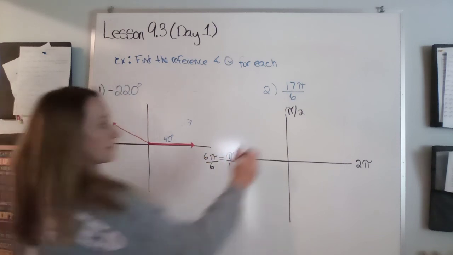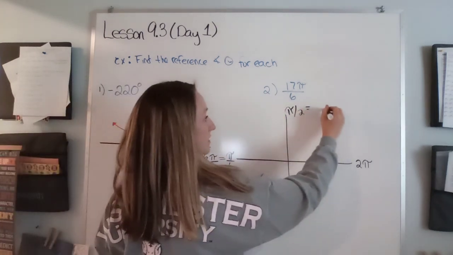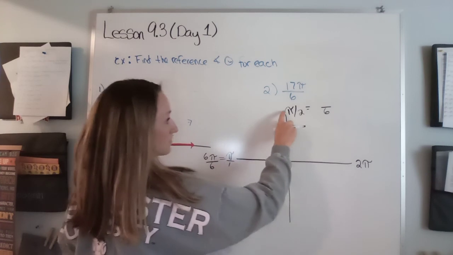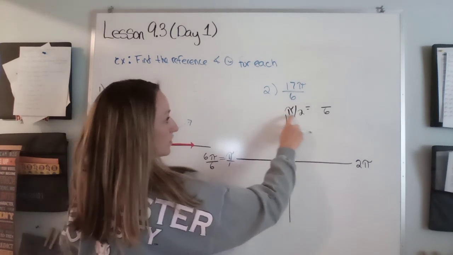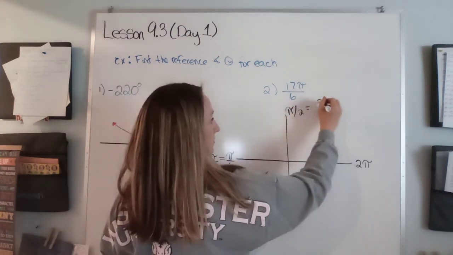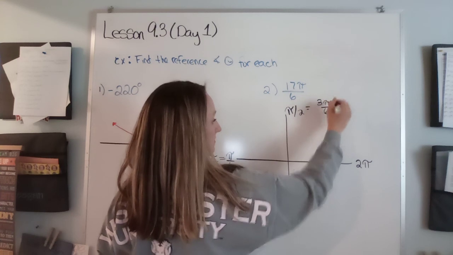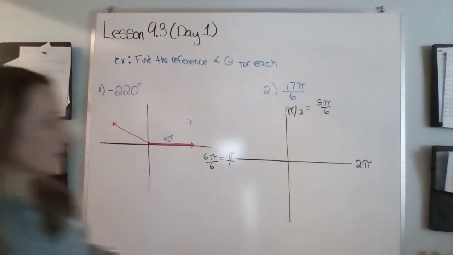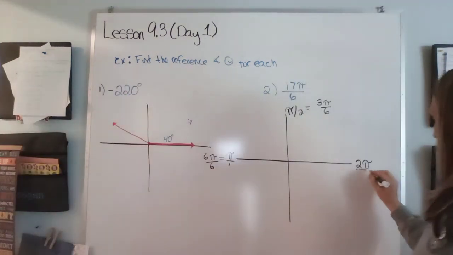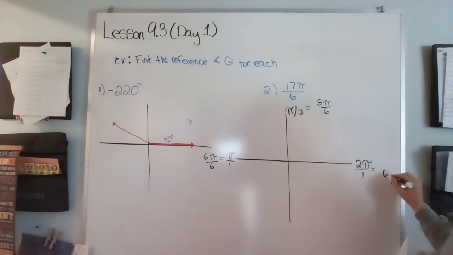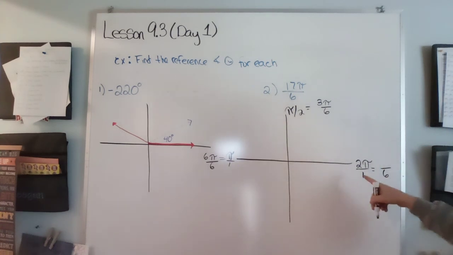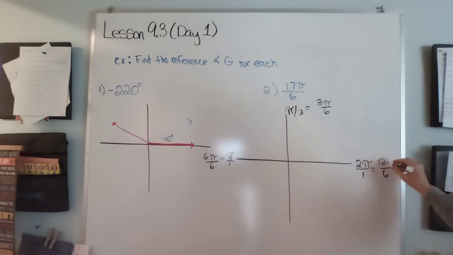If I wanted to rewrite this in terms of a denominator of 6, I'd have to multiply top and bottom by 3. So I'm going to have 3 pi over 6. If I wanted to write pi over 2 with a denominator of 6, again, I'd have to multiply top and bottom by 6. So I'm going to have 12 pi over 6.